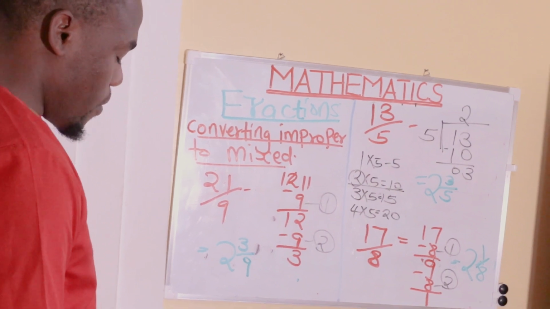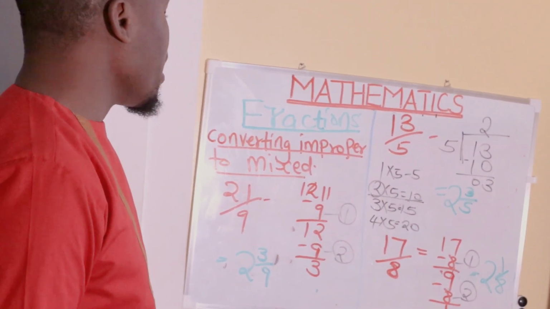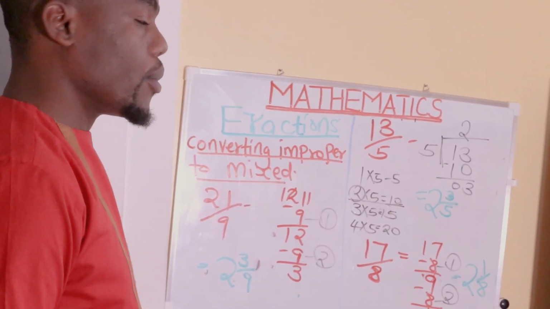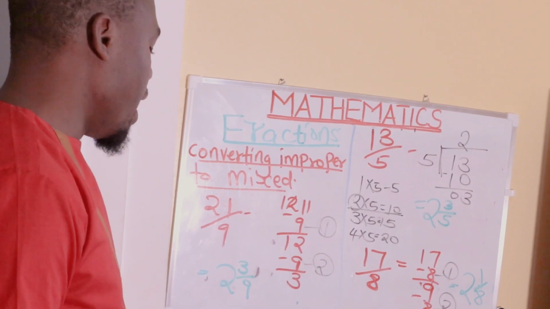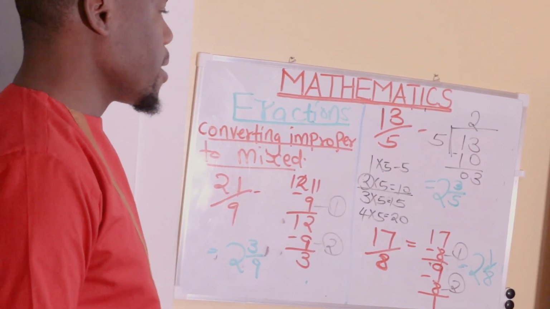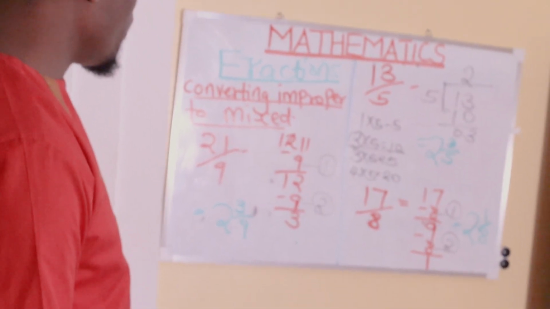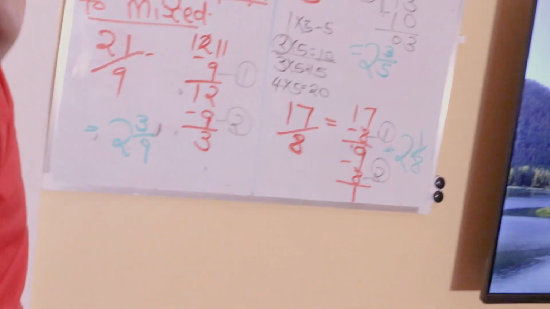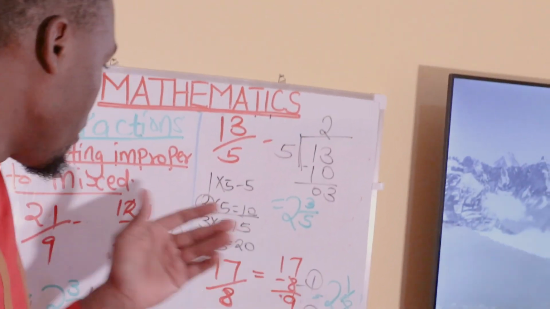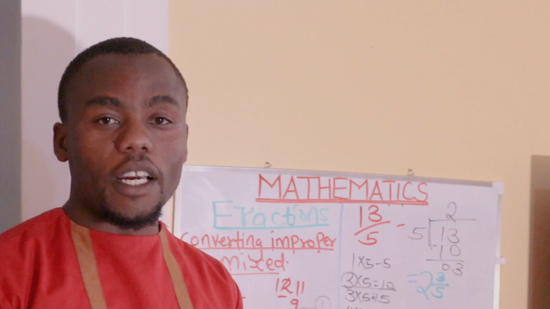So our new mixed fraction will be 2 and 3 out of 9, or 2 and 3 ninths. That is it for today on converting from improper fraction to a mixed fraction.